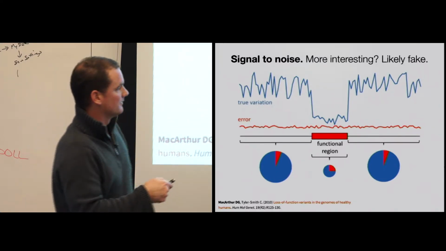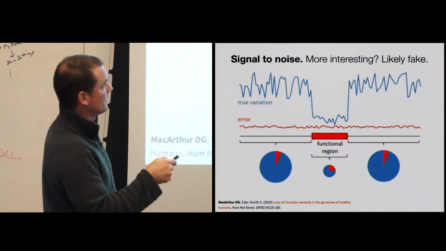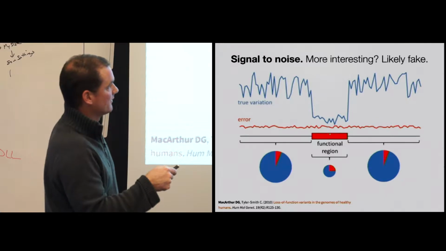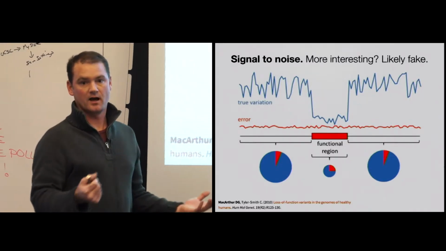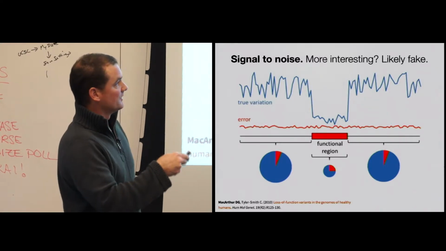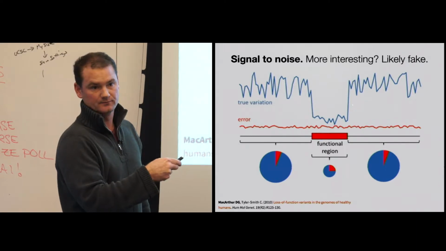So the point that Daniel and Chris Tyler-Smith were trying to make in this paper is that in coding regions, because there's purifying selection, genetic variation is not tolerated as much, so the error rate, or the noise, is very close to the signal.